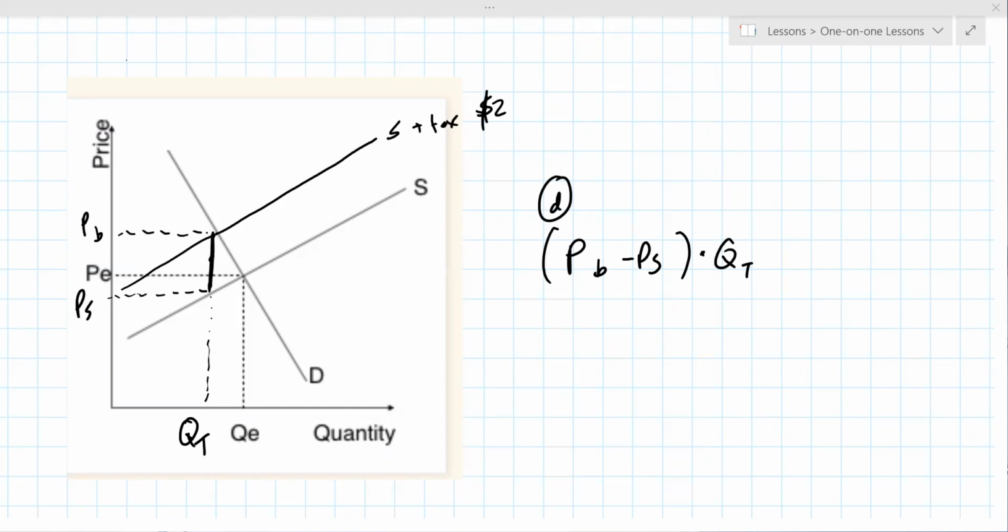What's the line labeled again? Just plus tax. So this is the tax area in here, this triangle, or I'm sorry, this rectangle.